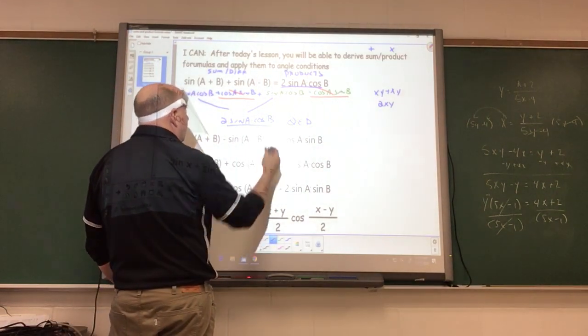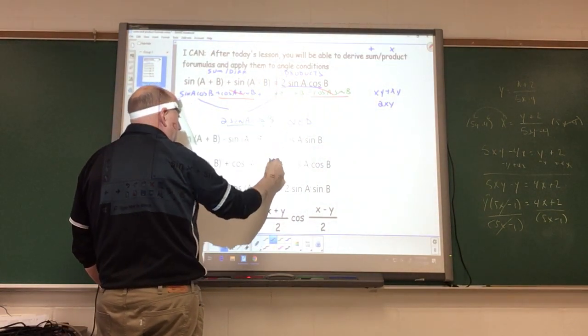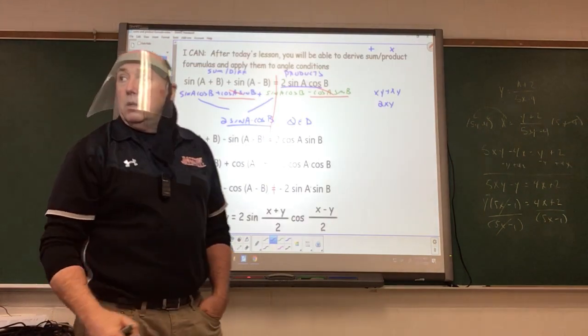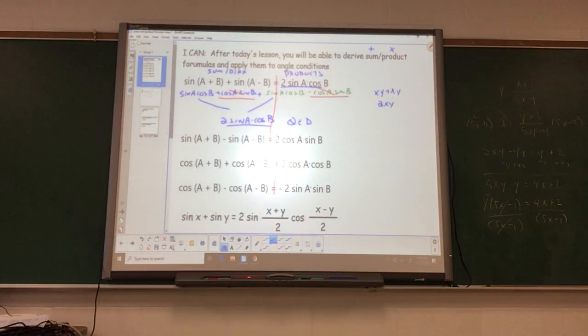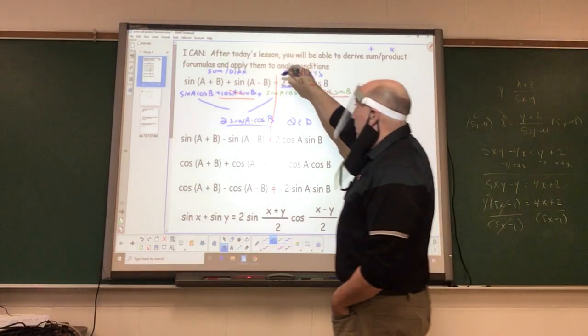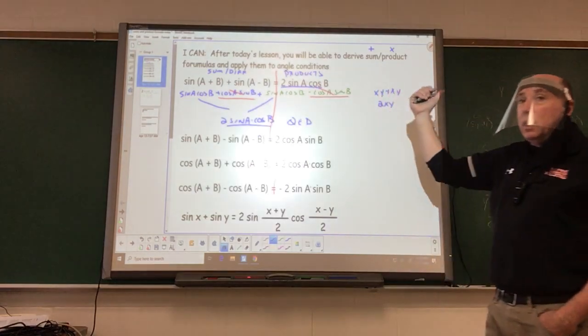If we take a look at the equal sign, we have a bunch of empty spaces over here we're trying to fill. On the left-hand side, we have sums and differences. On the right-hand side, we have products.